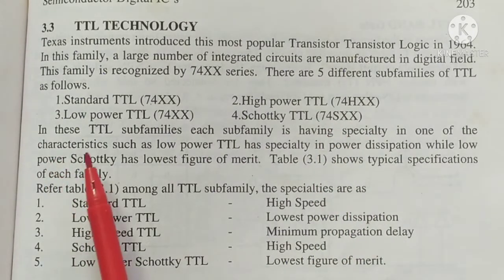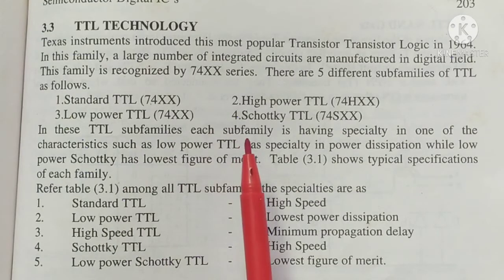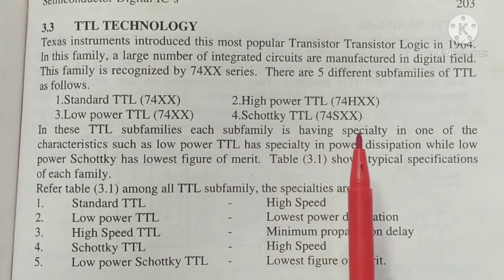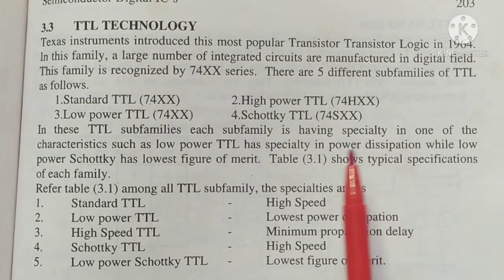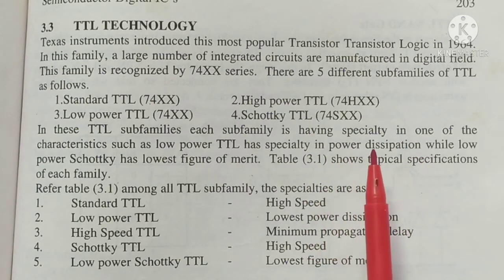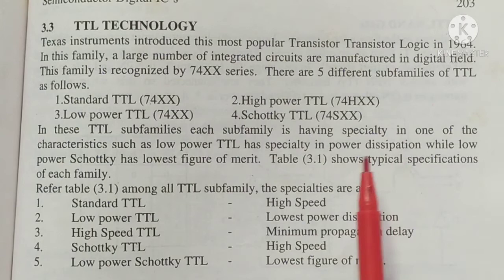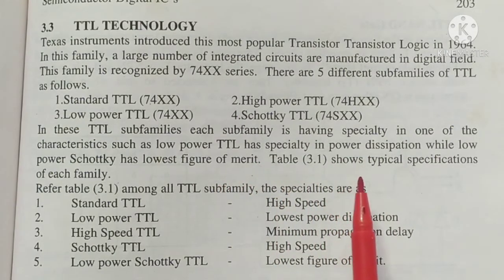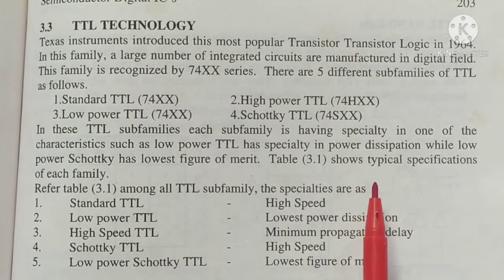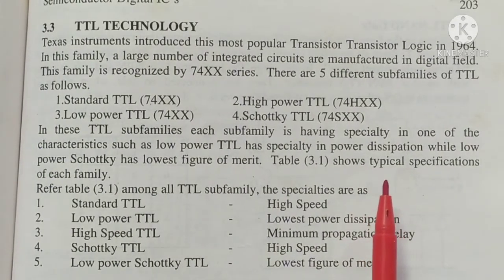Okay. In these TTL subfamilies, each subfamily is having speciality in one of the characteristics, such as low power TTL has a speciality in power dissipation, while low power Schottky has lowest figure of merit. Okay, we'll see in next topic.